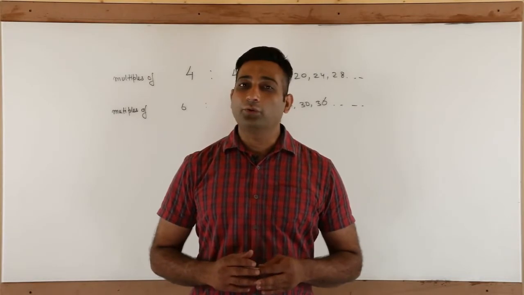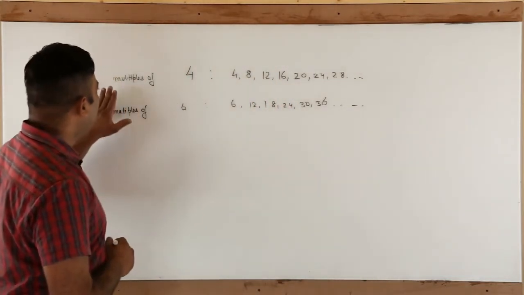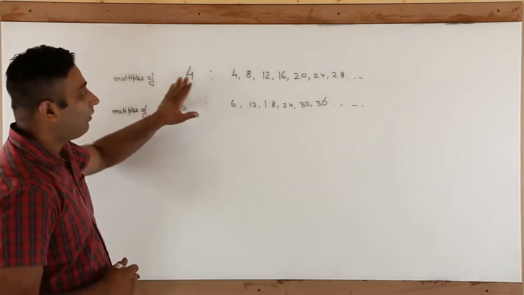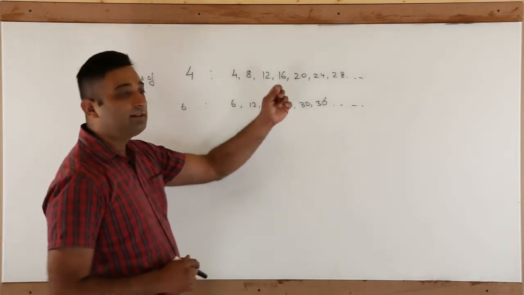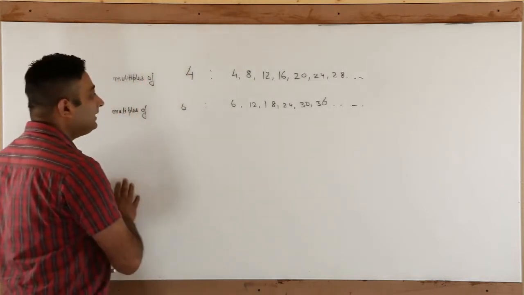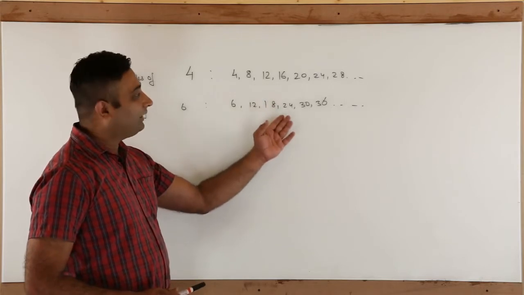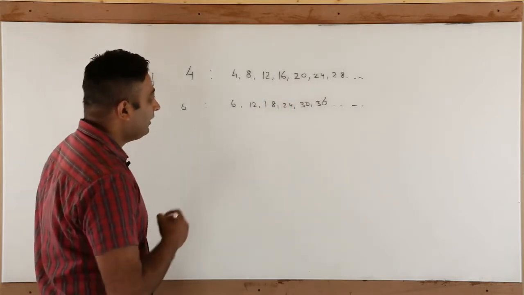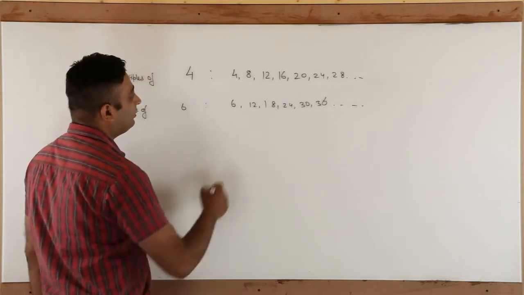Dear students, now let us discuss about the common multiples. We have considered two numbers 4 and 6. So the multiples of 4 are 4, 8, 12, 16, 20, 24, 28 and so on. And the multiples of 6 are 6, 12, 18, 24, 30, 36 and so on. Now let us try to find out the common multiples in both the numbers.